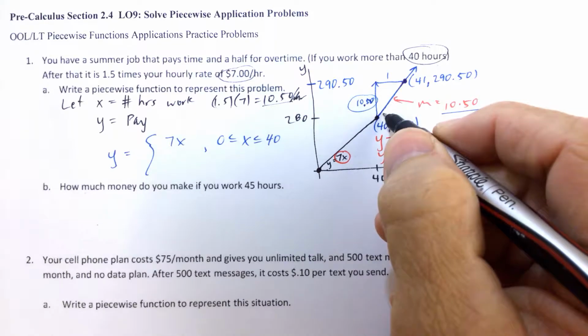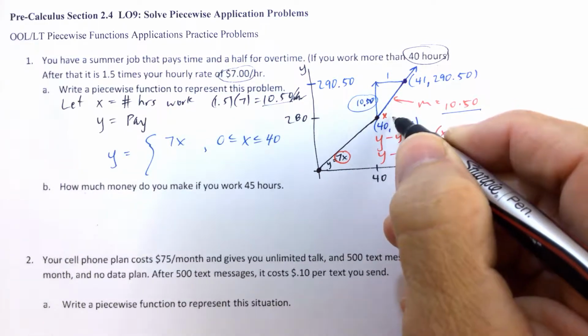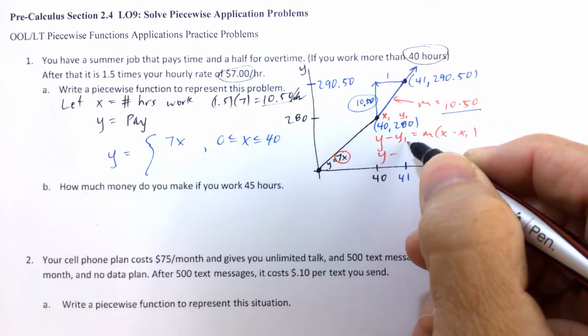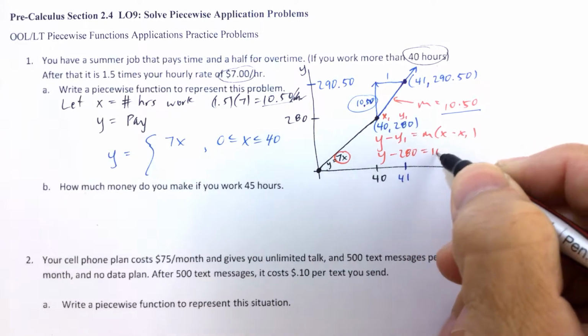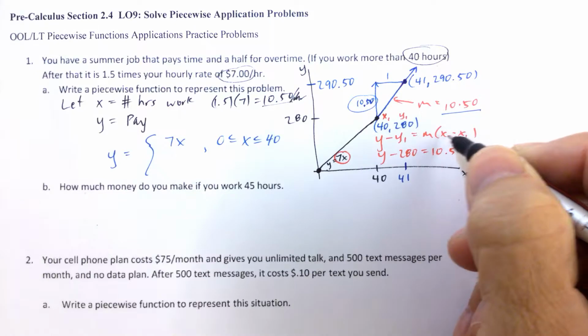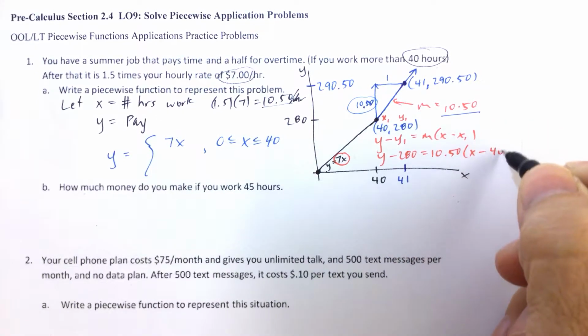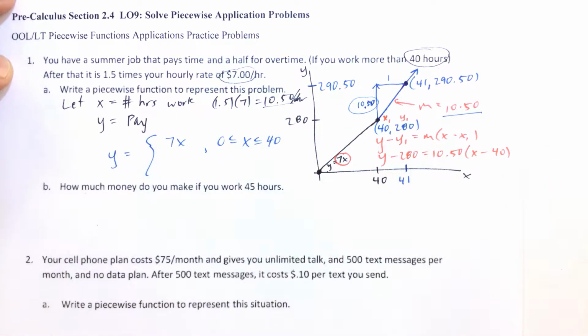I'm going to use the point (40, 280) as my (x1, y1), replacing y1 with 280. Then I have 10.50 for my slope, multiplied by x minus my x1, which is 40. I'm going to solve for y here in a different color because it's getting a little busy.